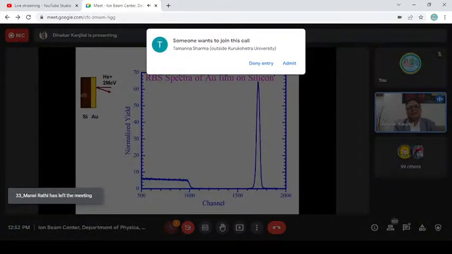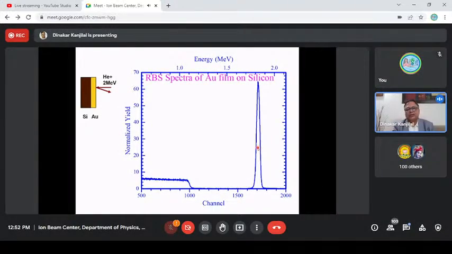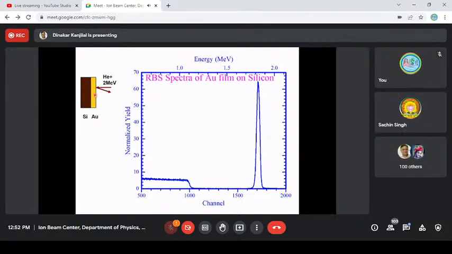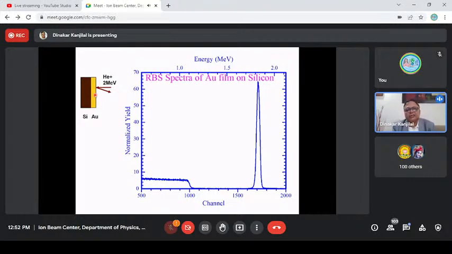But here you just put it in front of the accelerator with MeV helium, and immediately you will see the gold peak and the background. You are interested in this peak. From its width you can accurately see the thickness of the gold. So these are non-destructive measurements.